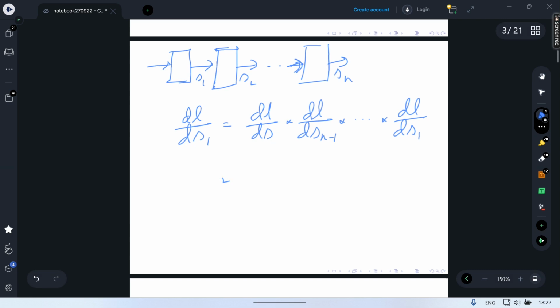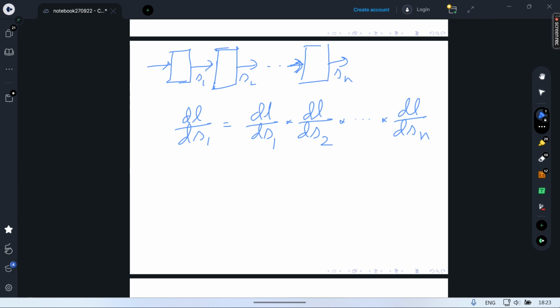So it is S1, then this is S2, this is Sn. That is how you calculate the derivative with respect to S1. As a result, as the number of layers increases, the length of such a chain also increases.